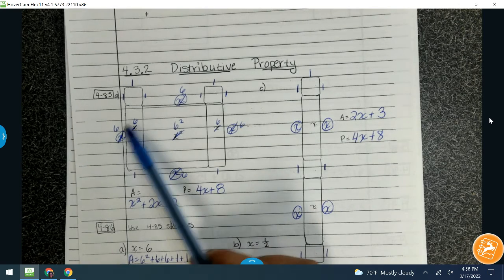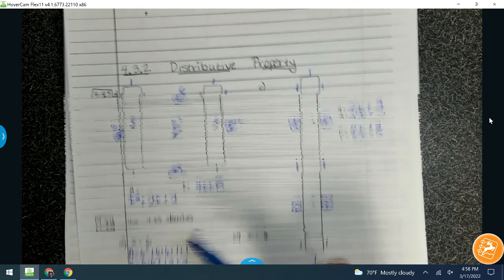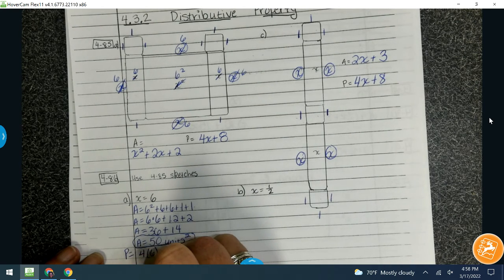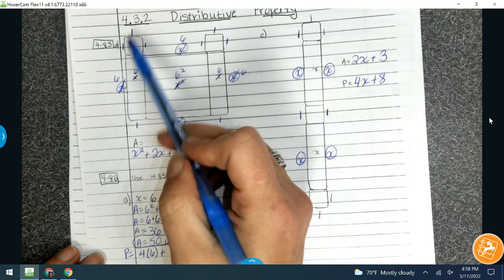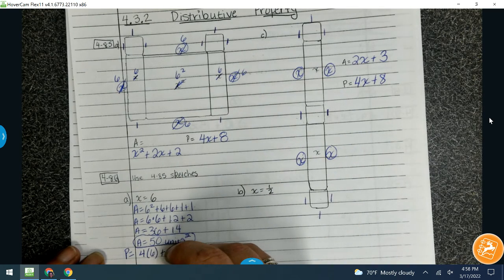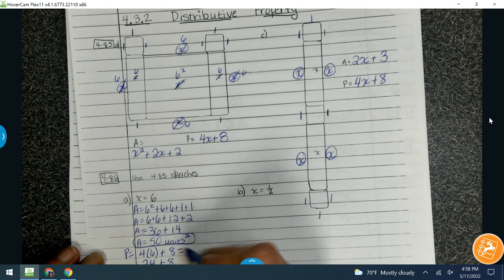So I have 1, 2, 3, 4 6's. So I have 4 times 6 plus, and we counted all these before, it was 8. So that's 24 plus 8 is equal to 32 units.